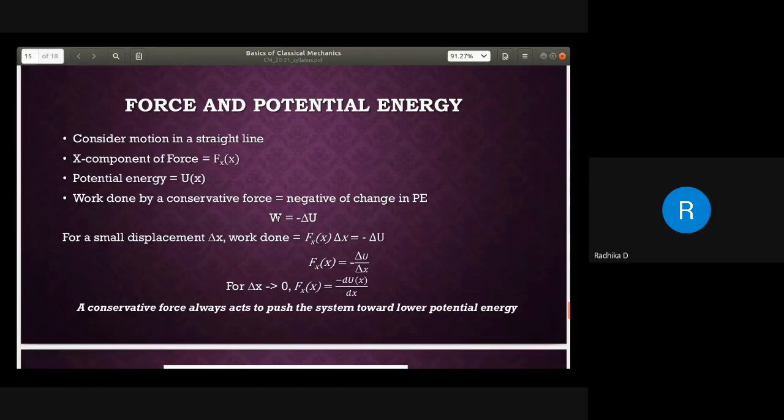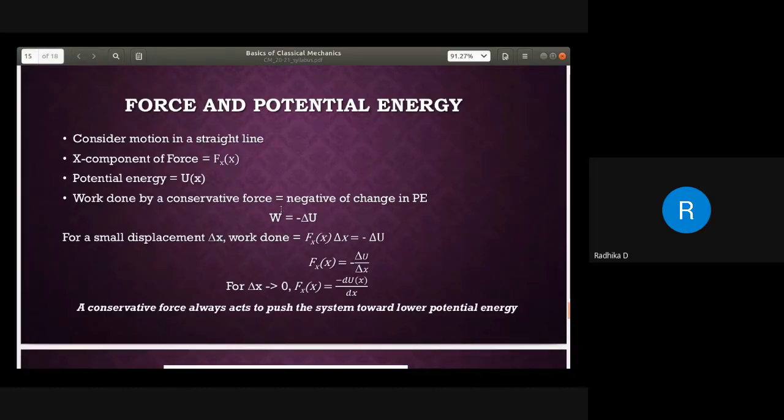How do I represent work? If I know the force, so this is the force component in x direction, Fx of x. Suppose when you apply the force, the work done is for a small displacement delta x. The object is being displaced by a small value delta x.